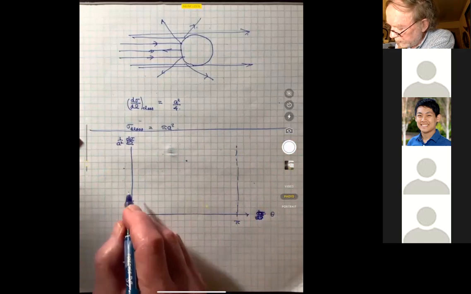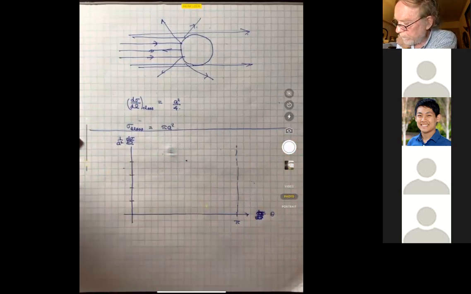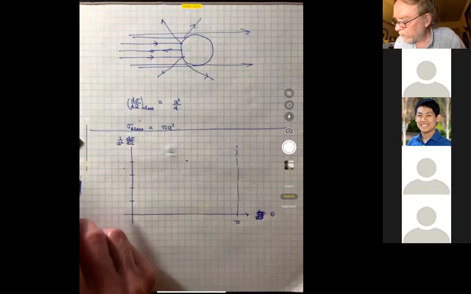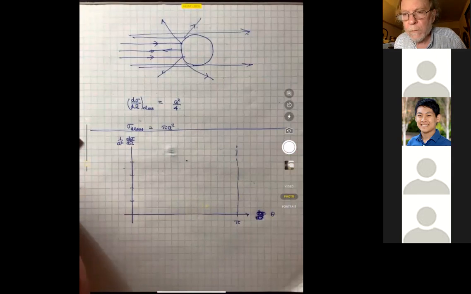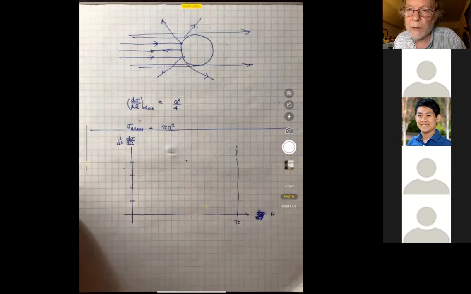Excuse me. I think I'm confused by something fairly simple, but I figured I'd ask now before that snowballs. What actually is omega here? Because we're saying that sigma classical is not dependent on omega, but if I'm imagining omega as the solid angle that the sphere is taking up, then that's related to the radius of the sphere, right? No, the angle refers to the direction of the scattered particles. This is a hard sphere, so the particles are free after they bounce.